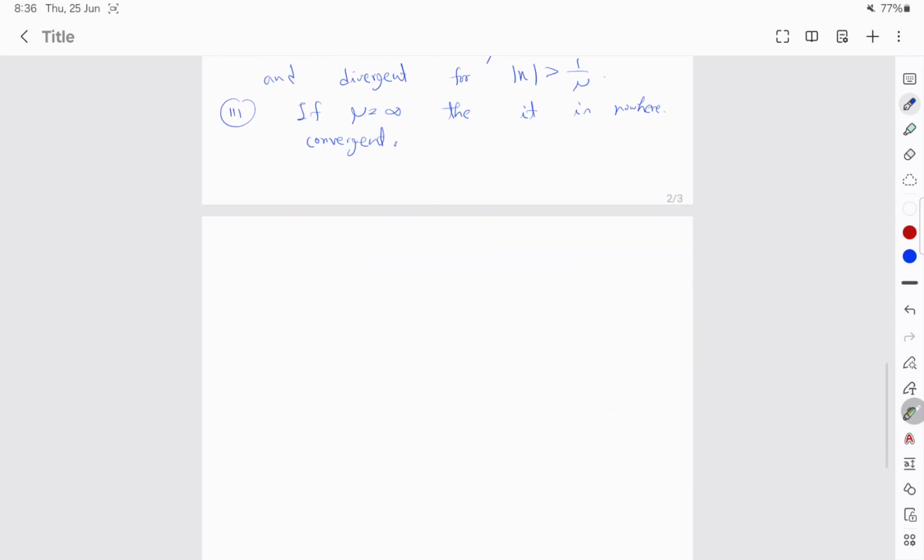Okay, so one problem may come, and then you have to find just the radius of convergence. For example, suppose you have x plus 2 square x square by 2 factorial plus 3 cube x cube by 3 factorial and so on.